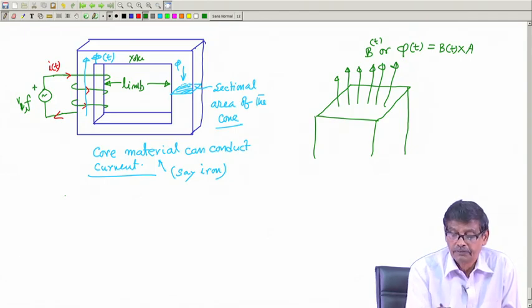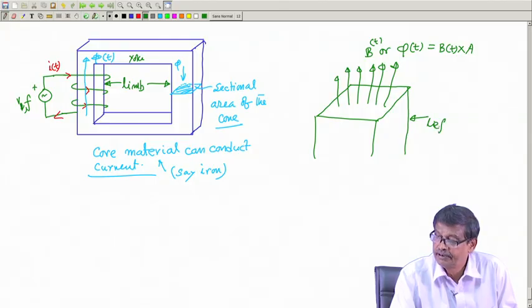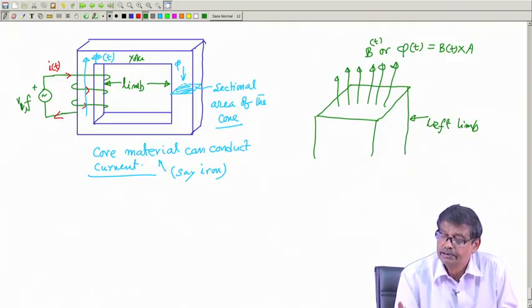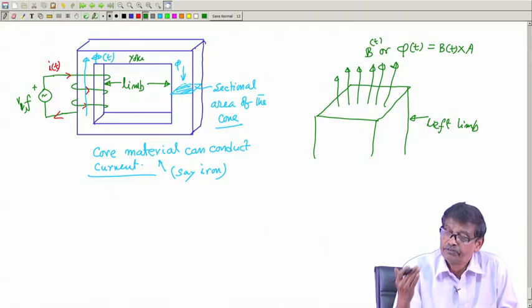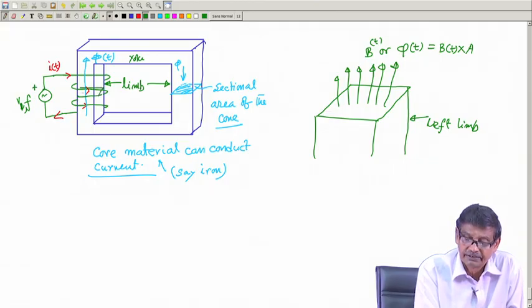In the limbs, this is the left limb I have drawn, and this winding I am not drawing, it is there. I have cut it and am trying to figure out how flux lines are flowing perpendicular to this cross sectional area.